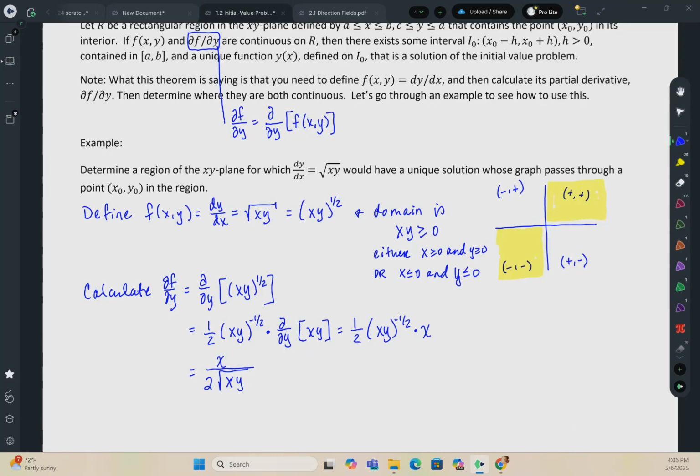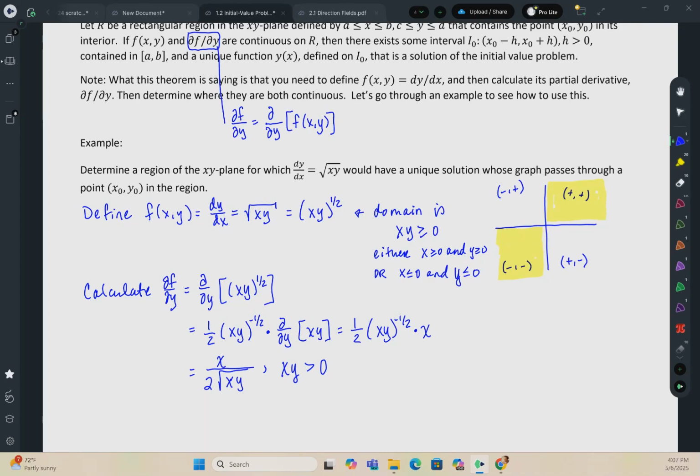So if I leave this in the unsimplified form, I can see here that, again, it's xy, the product of x and y, that must be greater than 0, not equal to 0 anymore, because the product of xy is in the denominator.